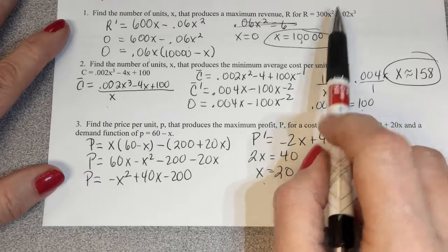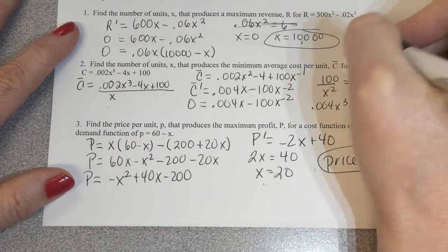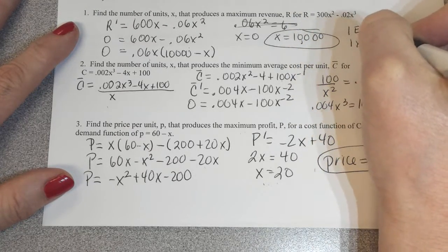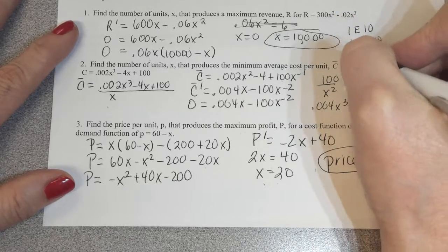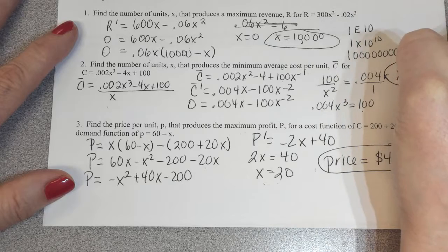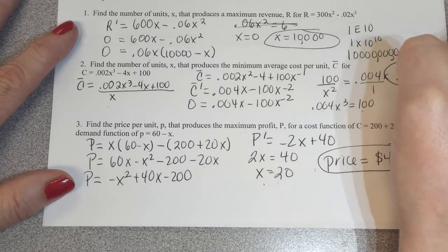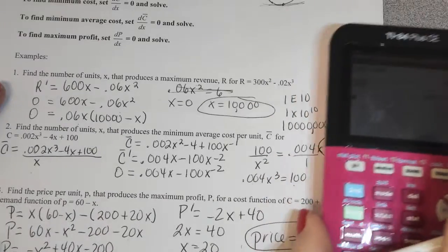Like that, when we saw this 1e10, that means 1 times 10 to the 10th. So that's a 1 with 1, 2, 3, 4, 5, 6, 7, 8, 9, 10. That would be actually a very large number. Is that really what we want?